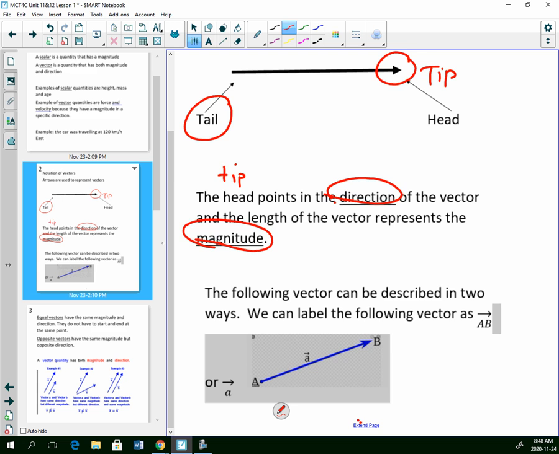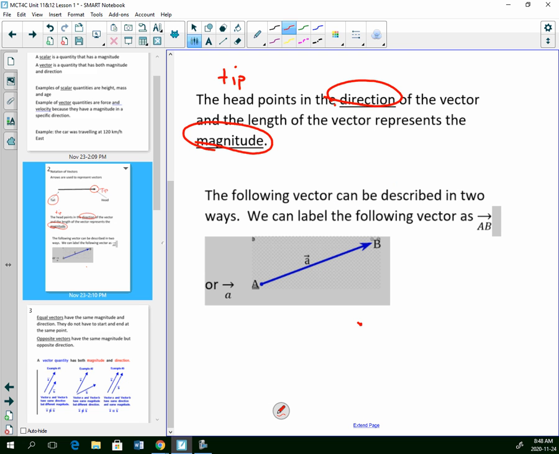We also can label them by the start point and the end point. So I could call this vector AB, and I put this arrow above it. That means I'm starting at A and ending at B. That's important because we have to have a specific direction. So AB is different than BA.